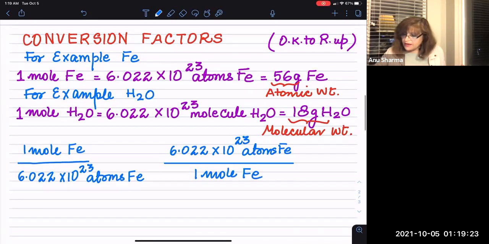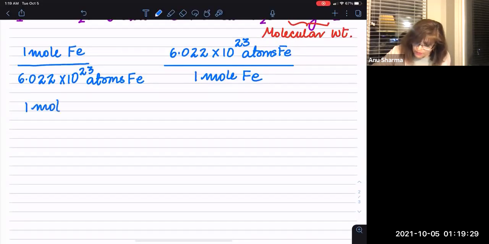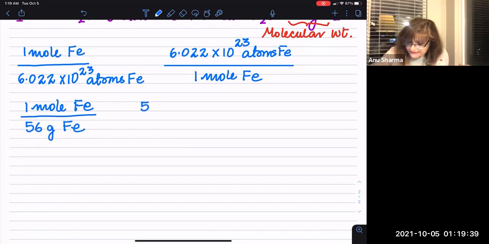This is one conversion factor. Another conversion factor is 1 mole of iron contains 56 grams of iron, or 56 grams of iron per 1 mole of iron.